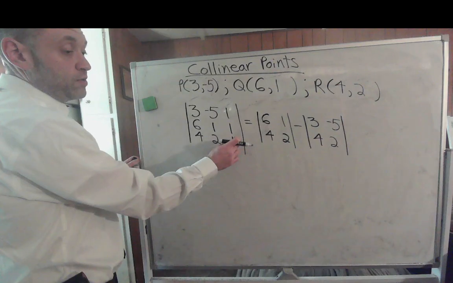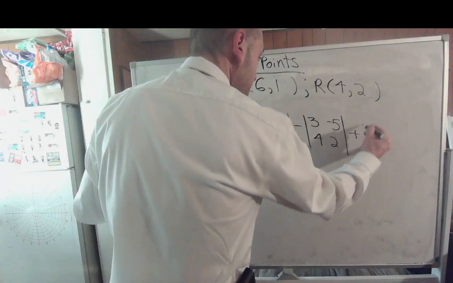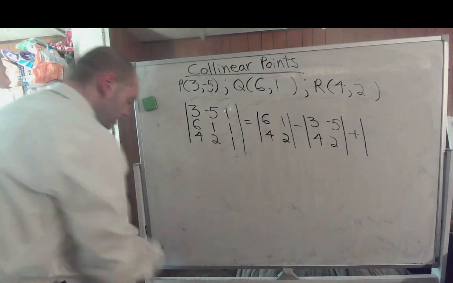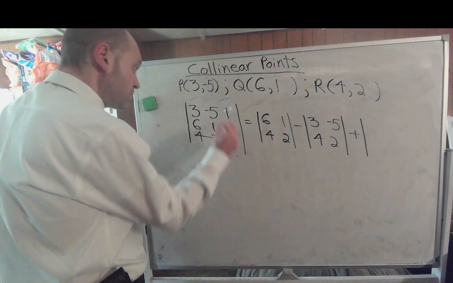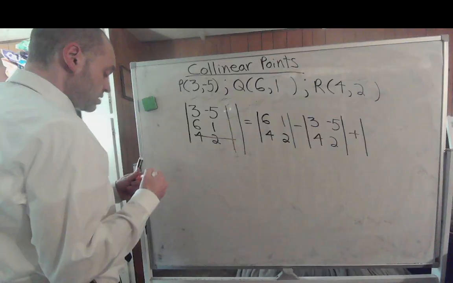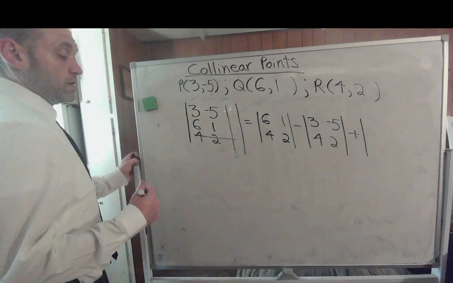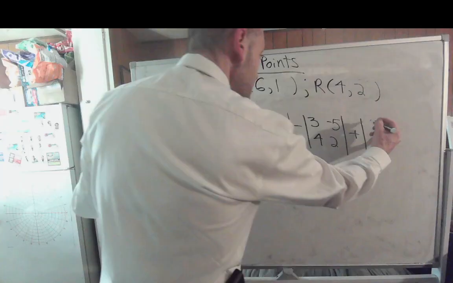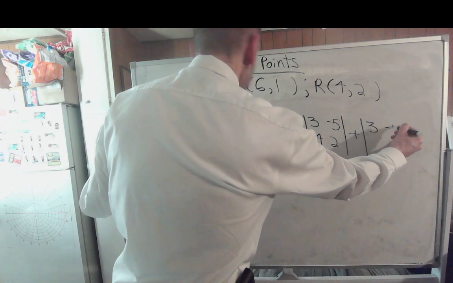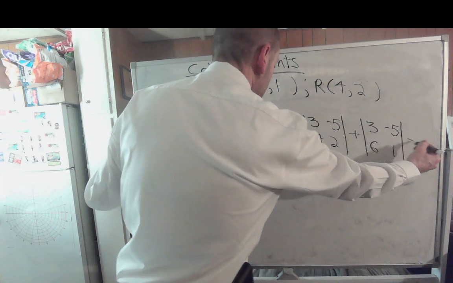And the final entry in the third column, that should be plus the resulting determinant of what's left when we strike out that row and column. So let's see here. The determinant would end up being 3, negative 5, 6, and 1. Let's simplify.